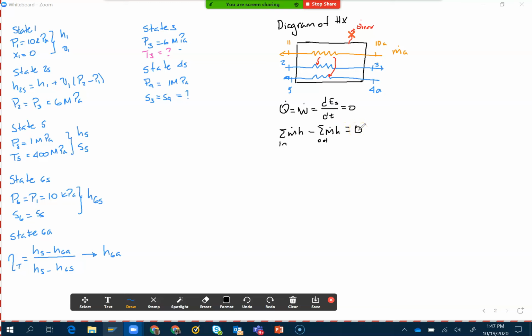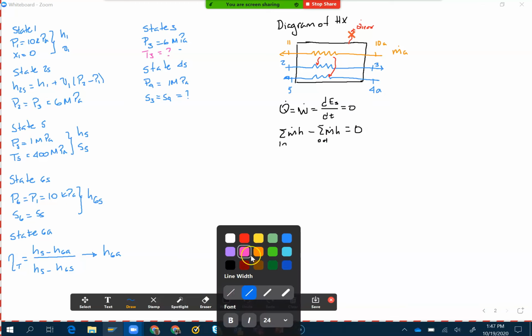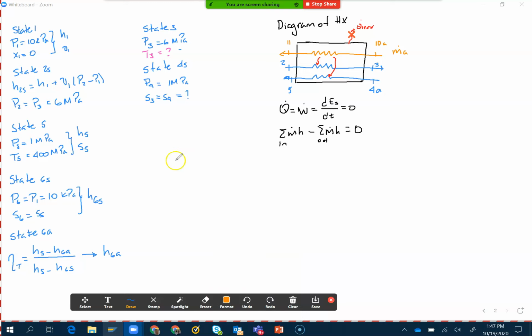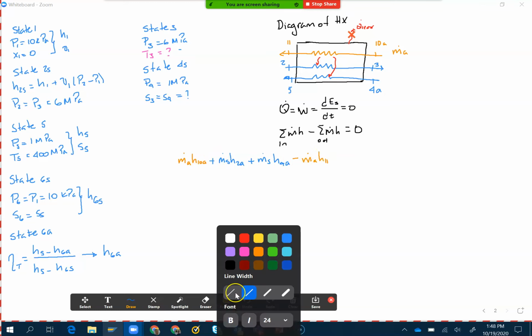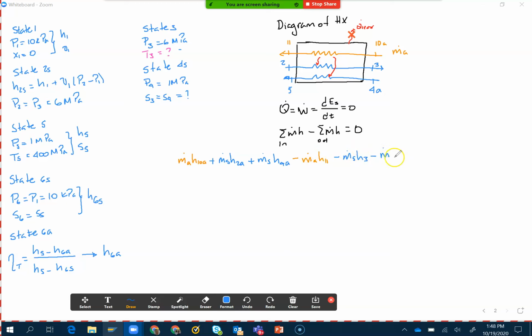If we expand this, we're going to have all the inlets first and all the outlets then. Okay, so we're going to call this the balance.